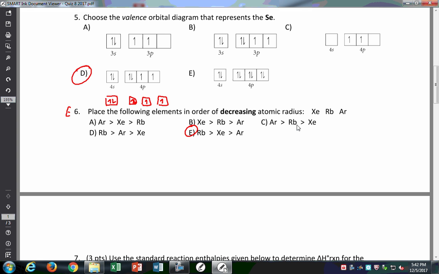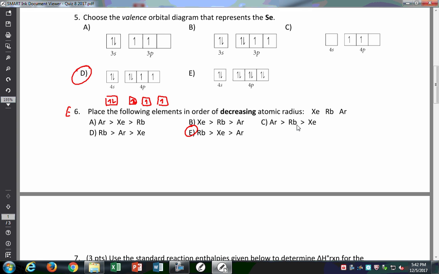And you can also think about the fact that, we didn't learn this at this point, but now we know it, as we go across, we have more electronegativity. So fluorine is the most electronegative. It's also one of the smallest because it pulls those electrons closer to it. Well, hydrogen's smaller because it has fewer orbitals.